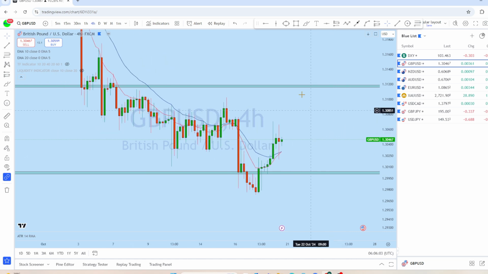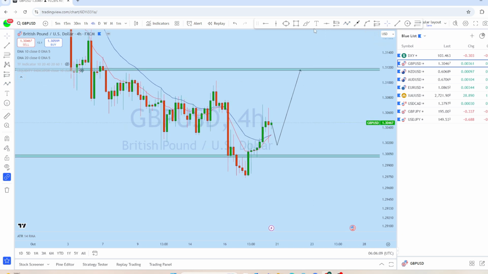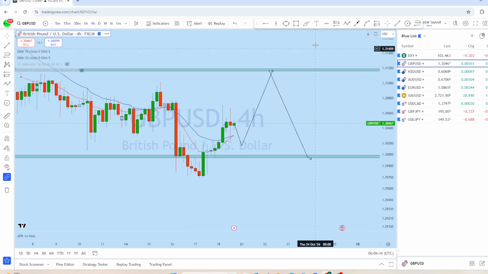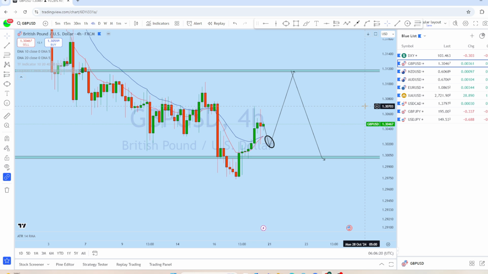Therefore, what we can expect in the upcoming session is for the market to retest and then continue to rise, as this could be the wave for the upcoming week on GBPUSD, which is basically a complete mirror of DXY. We can look for a potential bullish trading opportunity in the beginning of the week as soon as we see price action confirmation on British pound US dollar.